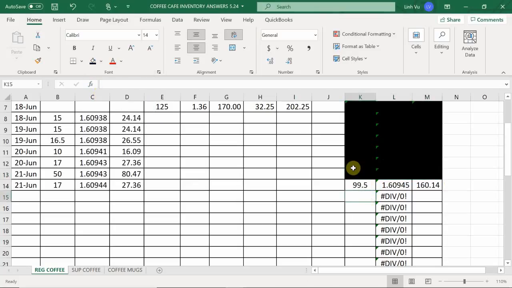So 99.5 at 160.14. And we have a cost of goods sold of $27.36.